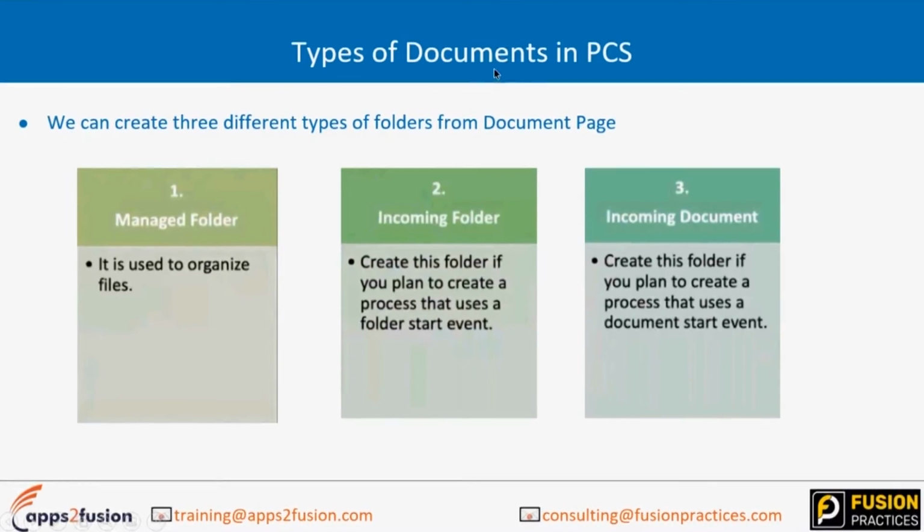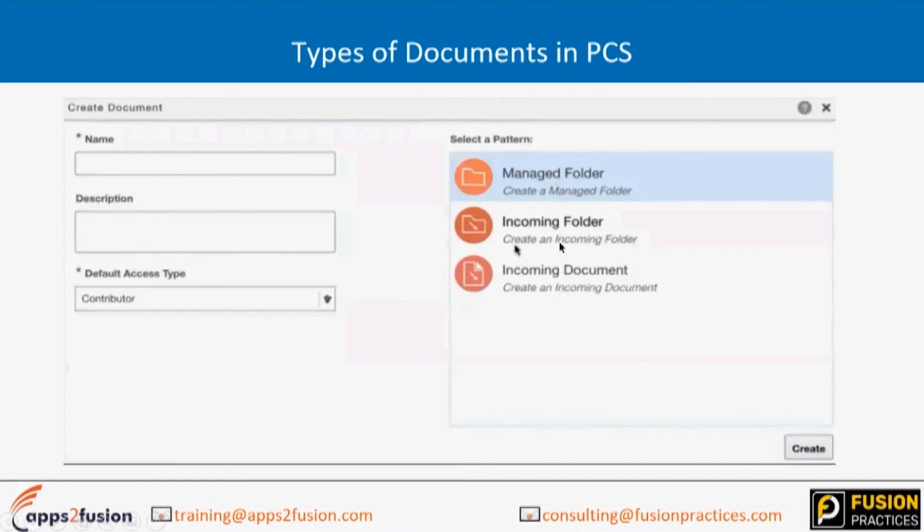And when you're exchanging the documents in PCS, you have three different types. Managed folder is used to organize the files. An incoming folder is the one you can choose when you want to start your application when a folder has been uploaded. An incoming document is the one which can act as a document start or a process start option for your PCS application.